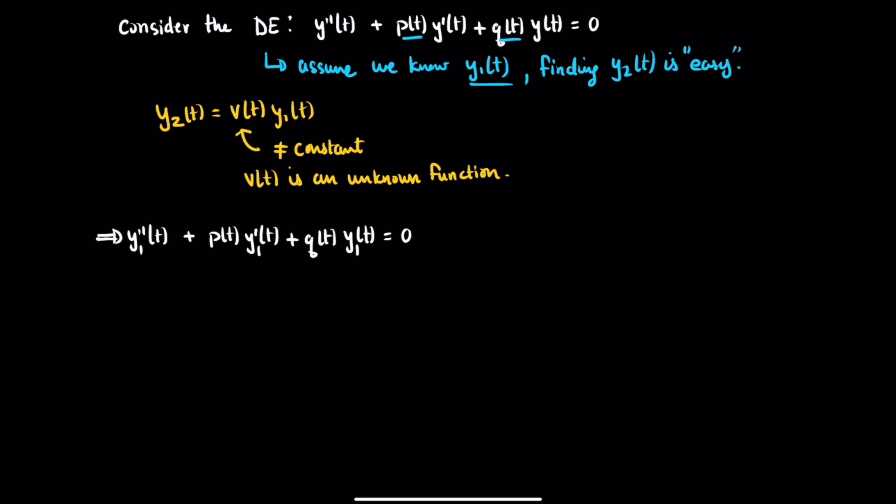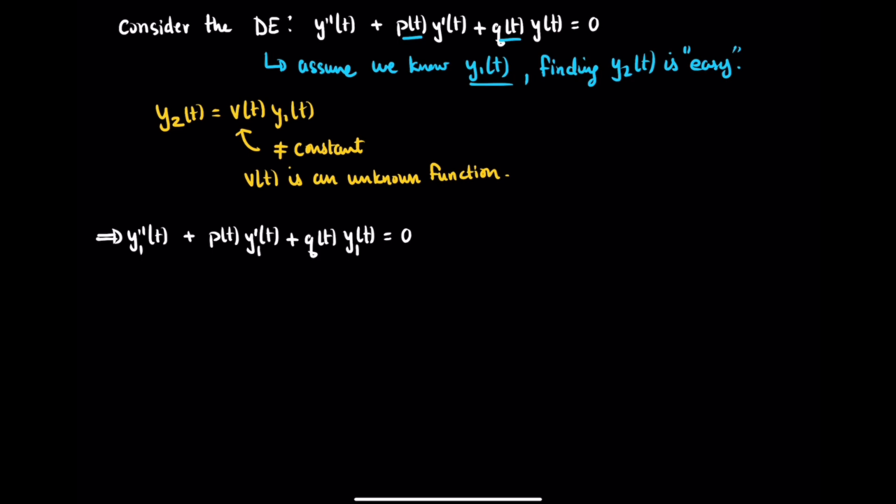So in order to come up with the derivation of the method of reduction of order, we need to use this, and we'll use this in a second. That's a great start. And then what we want to do is get a first order differential equation for v prime t.